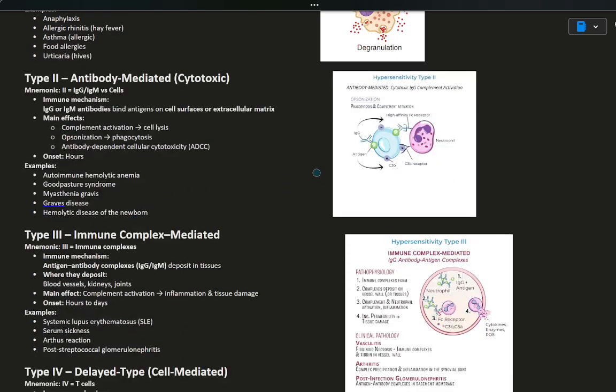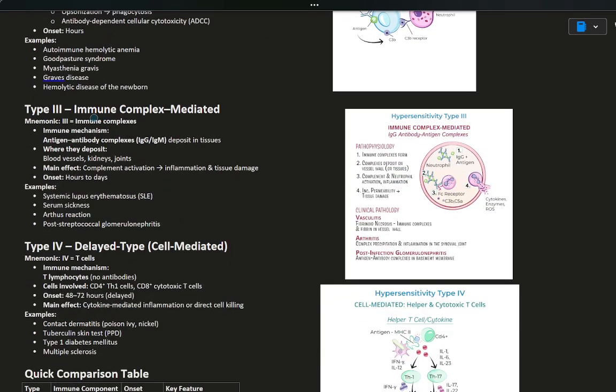And so some examples of type 2 hypersensitivity include autoimmune hemolytic anemia, Goodpasture syndrome, myasthenia gravis, Graves' disease, and hemolytic disease of the newborn. And in this case, it's the red blood cells that are being destroyed through these mechanisms.